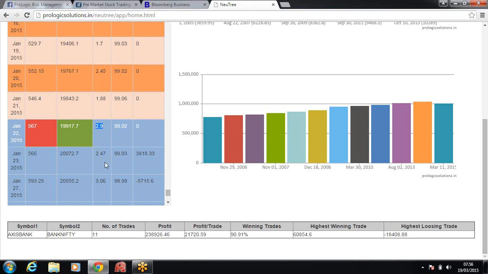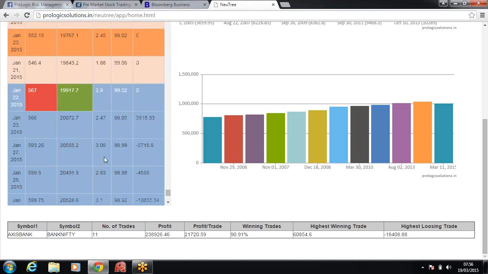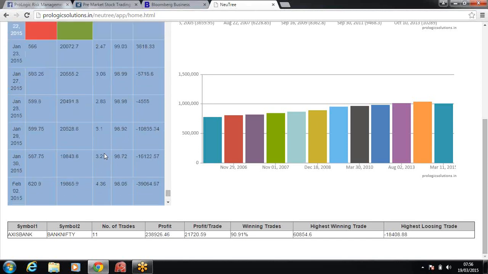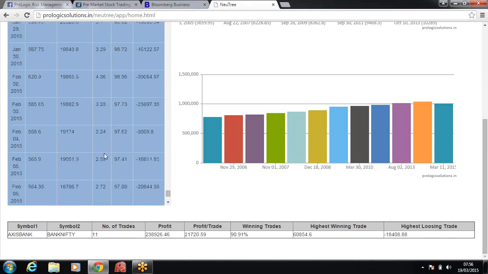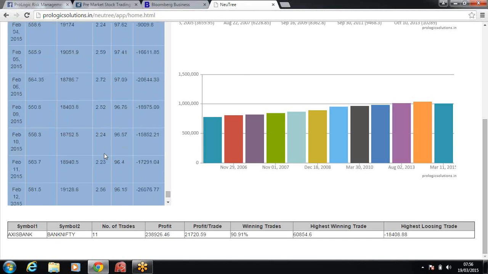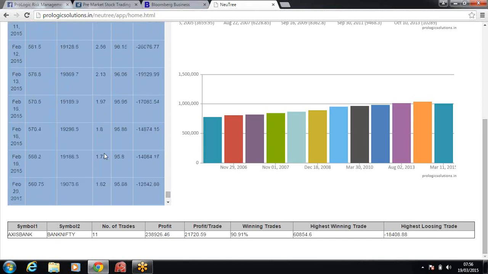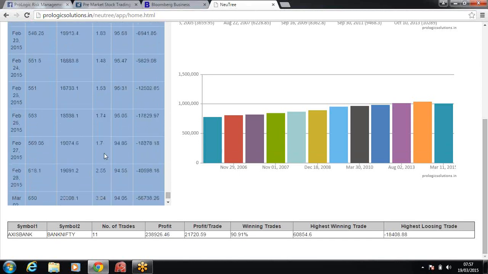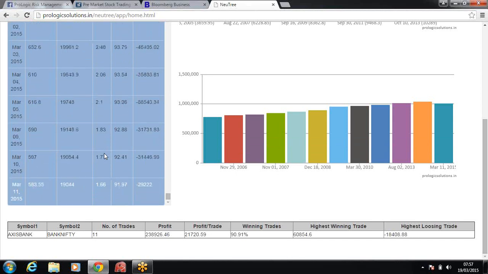You can see it came down the first day and then it went up to 3.06. Likewise, it has increased. So let's just check what's the final Z-score in this. Okay, we don't have the data. I think we should check the data for this. Let me just get back to this trade again.